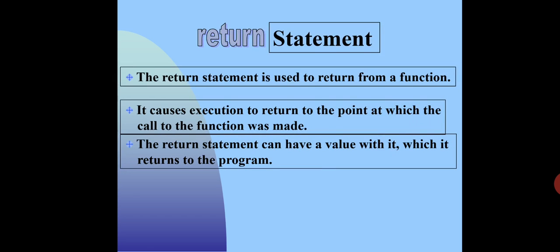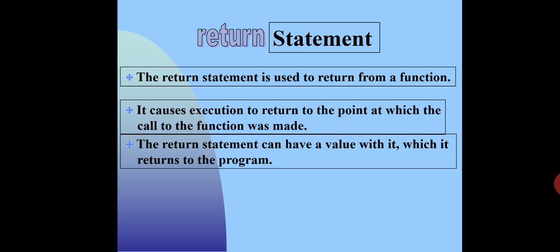Then comes the return statement. What do you mean by return statement? The return statement is used to return from a function. So we are calling a function, then we want to return from that function. It is called a return statement.